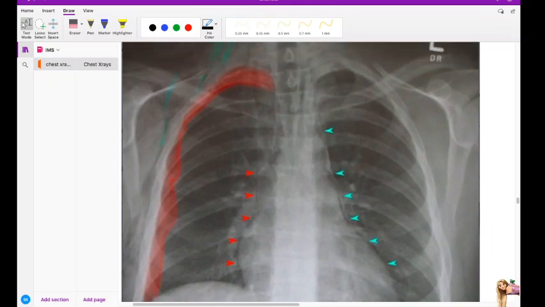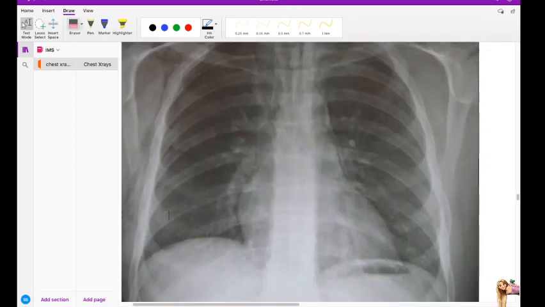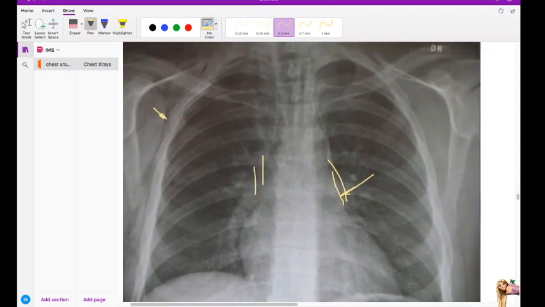Okay, I'll repeat it. Basically, you can see these streaks of translucency in the middle. This is basically air. If there are streaks of translucent things in the middle over here, that is air in the mediastinum, so it's called pneumomediastinum. Over here in the subcutaneous tissues you can see this translucent. So this is in the subcutaneous tissue. It's called subcutaneous emphysema.